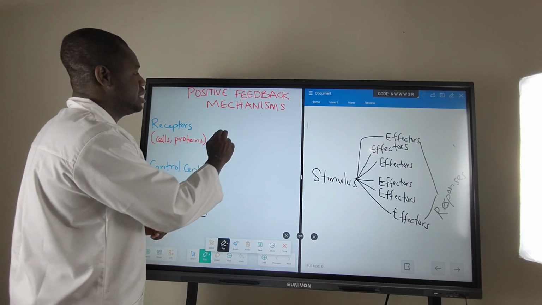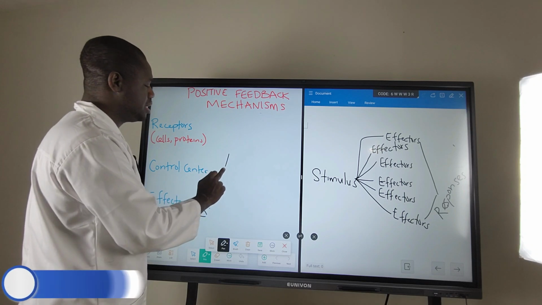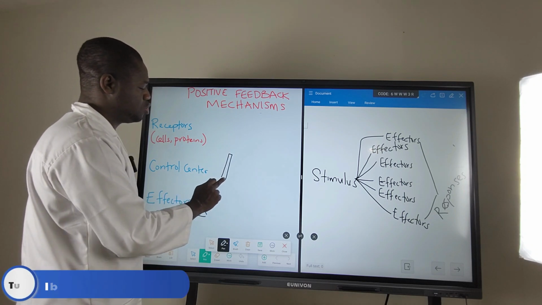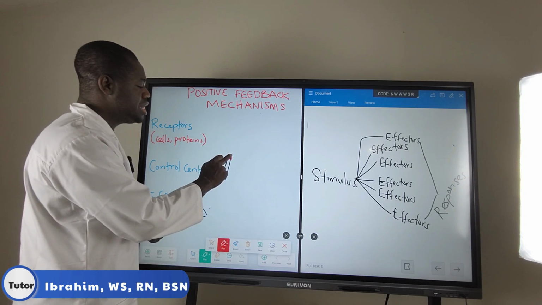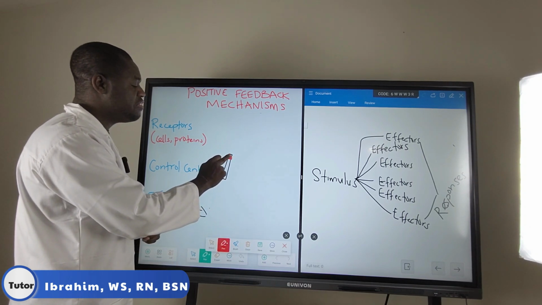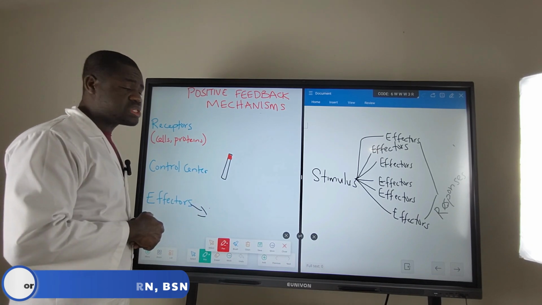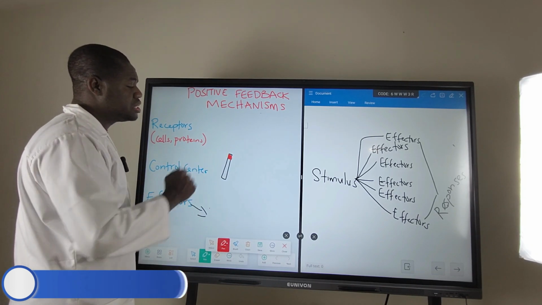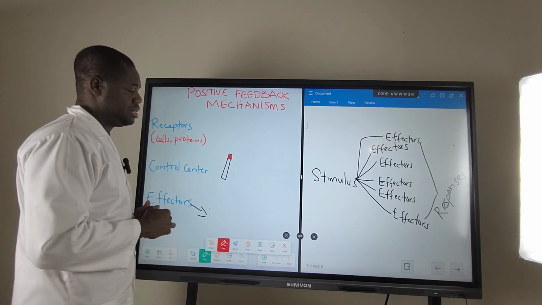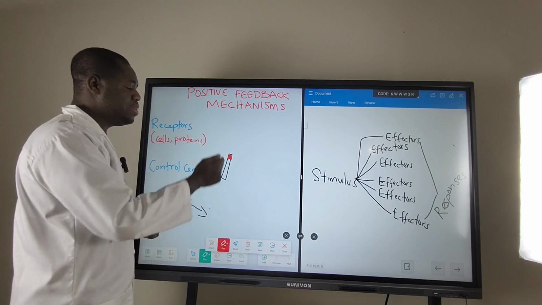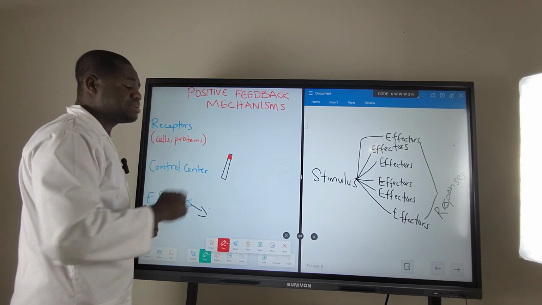Let's say that a person sustained an injury to his finger, and this now results in the injury of the blood vessels that supply blood to this finger. Now there's bleeding. The person is bleeding here.